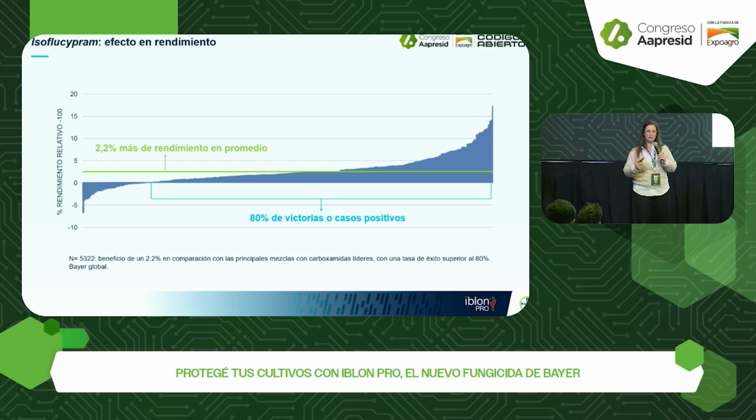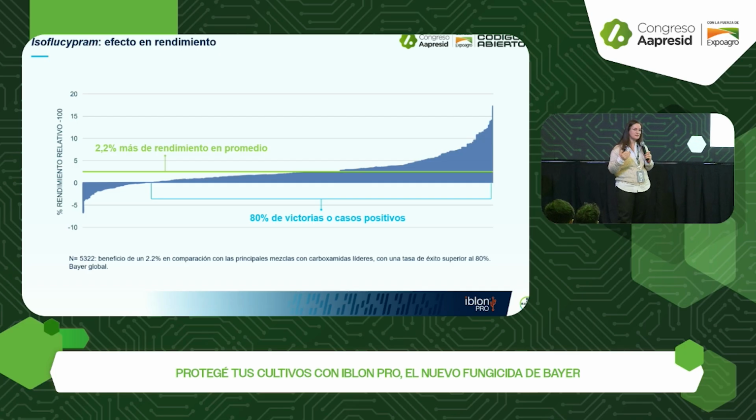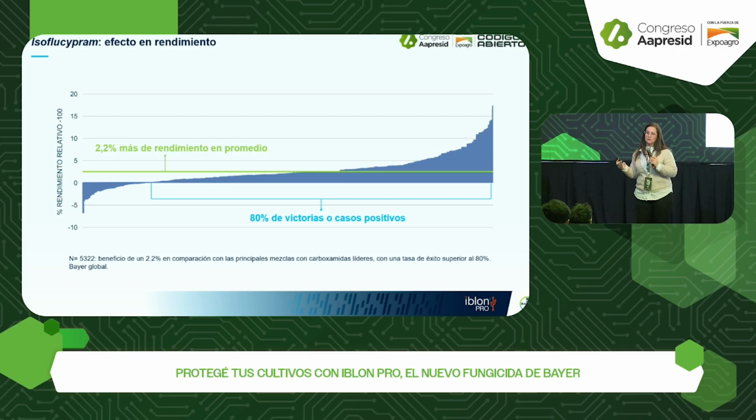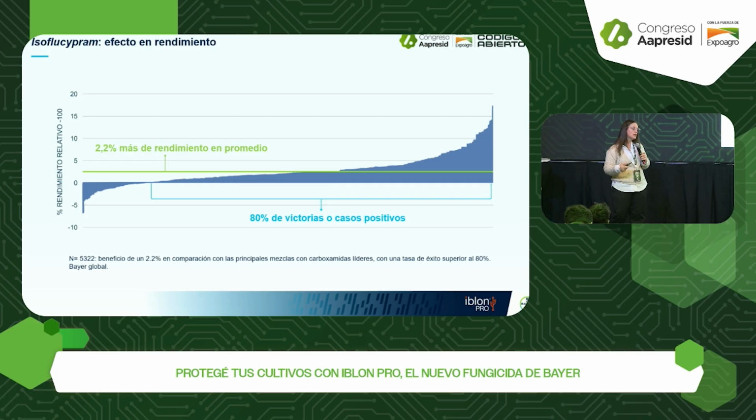So we are comparing Iblon Pro with other commercial products that also include the same families included in Iblon Pro. Among these 5,322 points, we have a 2.2% benefit as compared to the main commercial products, and the success rate is above 80%. This means that out of 100 cases, in 80 cases, we got this increased yield with Iblon Pro.